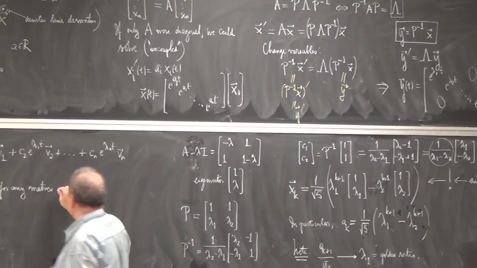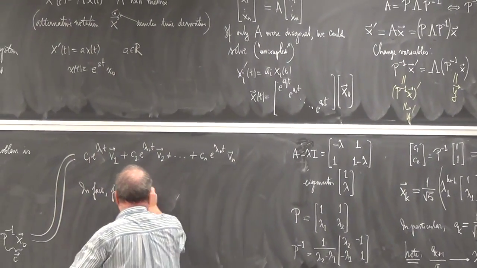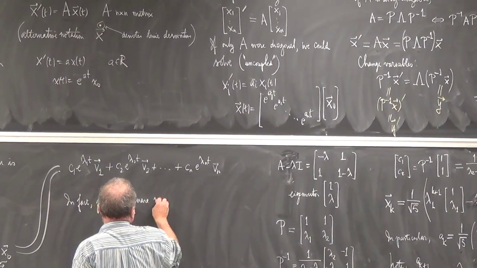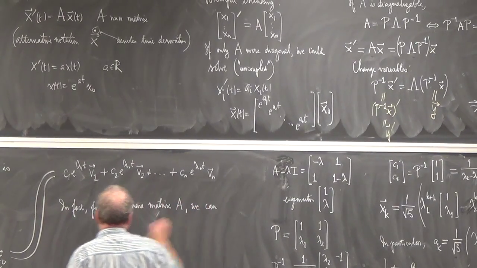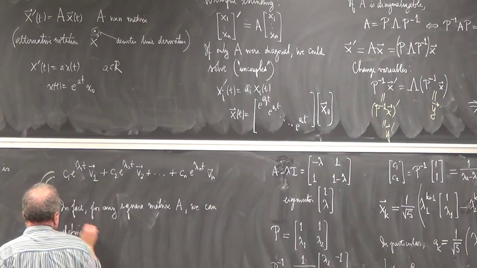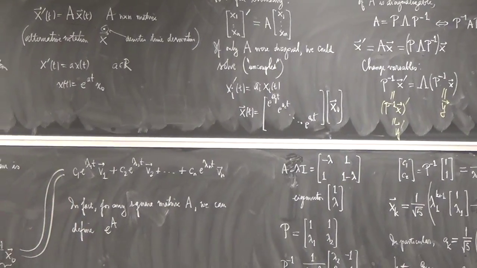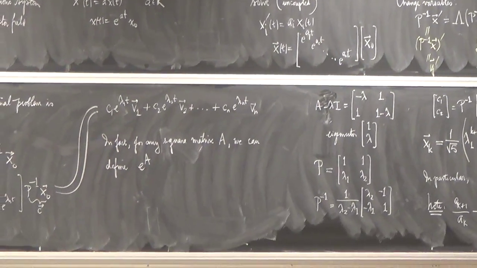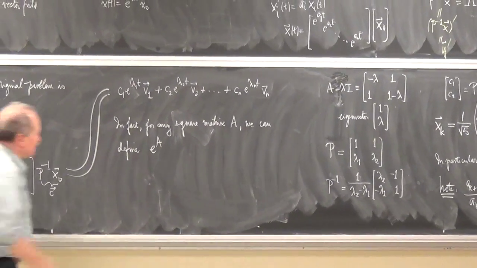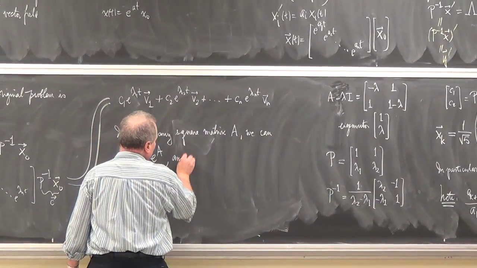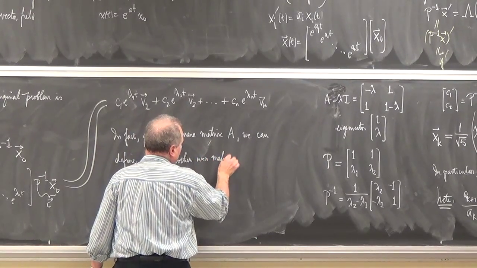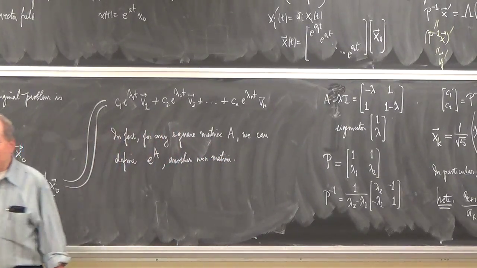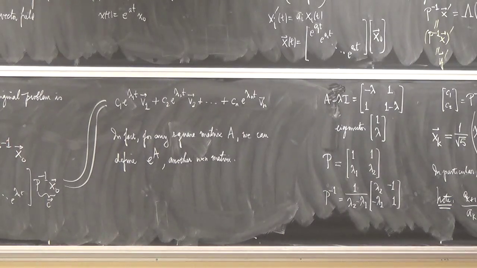For any square matrix A, we can define e to the A. And that's going to be another n by n matrix. So if you take any n by n matrix, you can define its exponential.